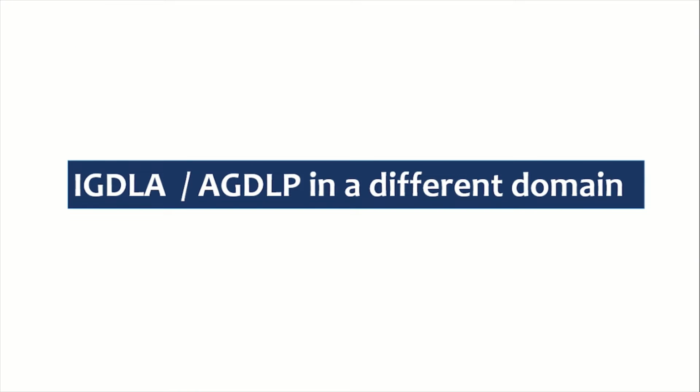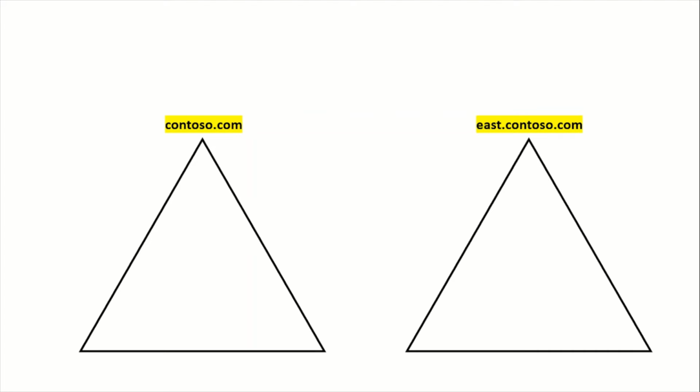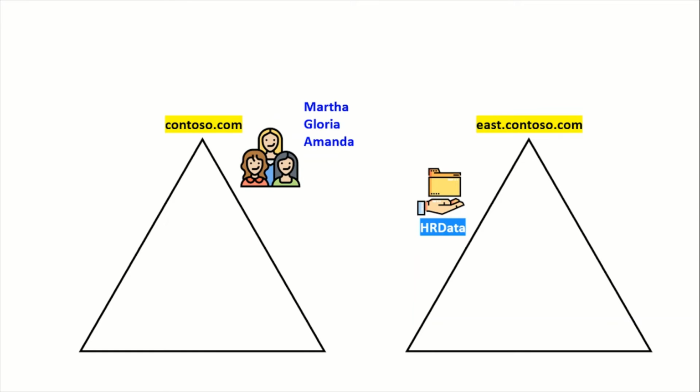Now let us see one more example, but this time in a different domain. Now we have two domains, contoso.com and east.contoso.com. We have a folder named HR data in east.contoso.com, and we have three users, Martha, Gloria and Amanda, who want to access this HR data folder.